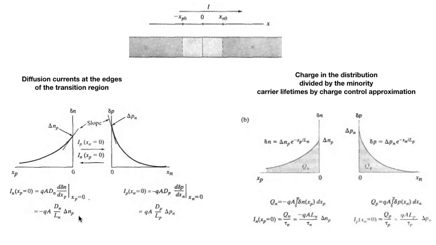If we look at the charge distribution divided by the minority carrier lifetime, by the charge control approximation we get that IN is negative and IP is positive, QA Lp upon tau P into del PN. We have only replaced Dp over Lp by Lp over tau.